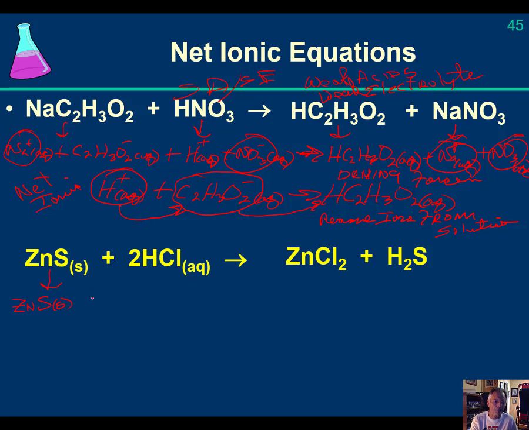It hasn't changed from that. It hasn't dissociated. On the other hand, this is a strong acid, and strong acids are strong electrolytes. So it's going to completely ionize into two of these H pluses plus two chloride ions, aqueous. And then we have zinc chloride. Well, all chlorides are soluble. That's in the top half of your solubility guidelines, except for silver, lead, and mercury. Zinc is not one of those, so it will dissociate. So that'll be zinc 2 plus aqueous plus 2 chloride ions, aqueous.